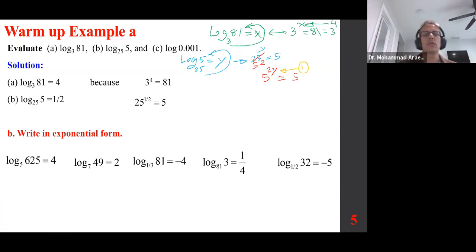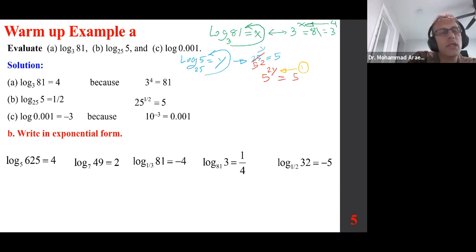Part C, log of 0.001. There are 3 decimals, so the answer is -3, because 10 to the power of -3 is 0.001. For common logs, when it ends with 1 and a bunch of decimals, you just count the number of decimals and you go with negative.